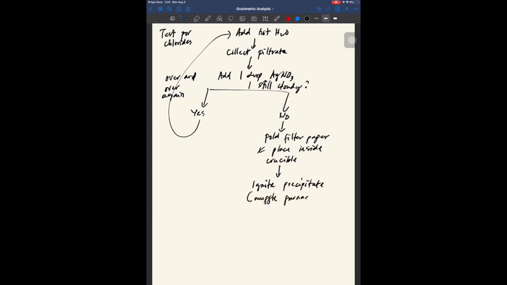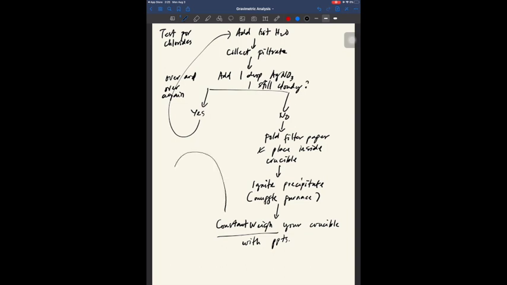I will be performing this ignition. I'll just collect your crucibles and then I will ignite them all together. And finally, collect and weigh to constant weight. That's very important. Constant weight your crucible with precipitates. Take note that constant weighing is a very pedantic process.